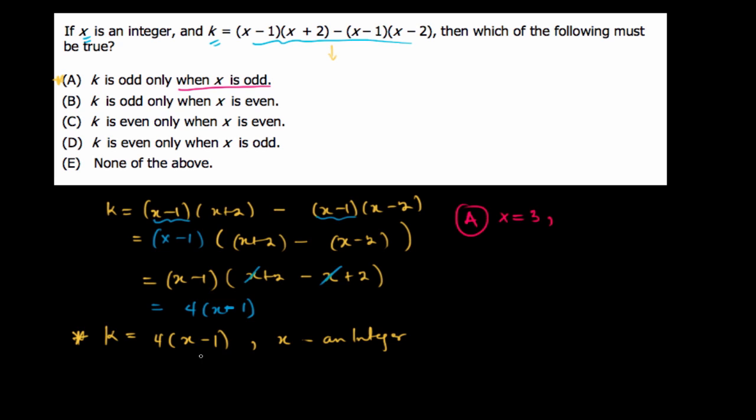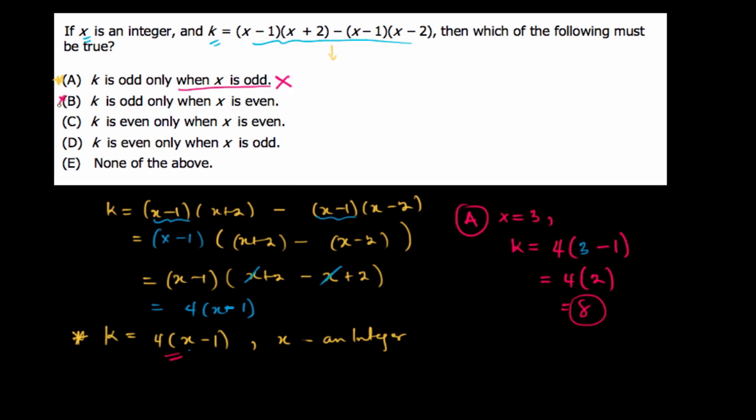So k is just going to be 4 times (3 − 1), that is 4 times 2, and that's just going to give you 8. So when x is odd, our k is even, because 8 is an even number. So that implies that this is wrong.